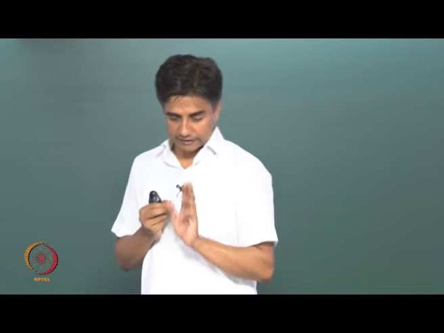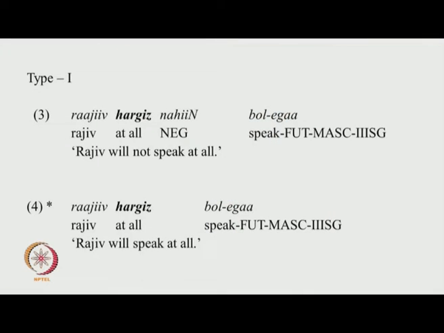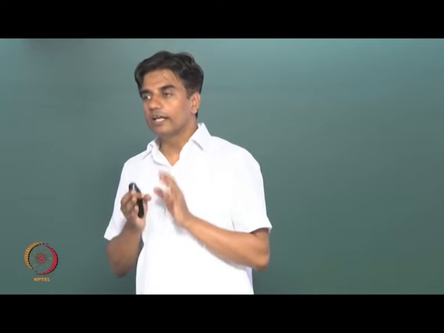See the point? Therefore, the next sentence is marked with a star and is ungrammatical. Rajiv hargiz bolega is not a good sentence in Hindi. And the only reason it is not good is because there is no negative marker. You put in a negative marker, and the sentence becomes good.